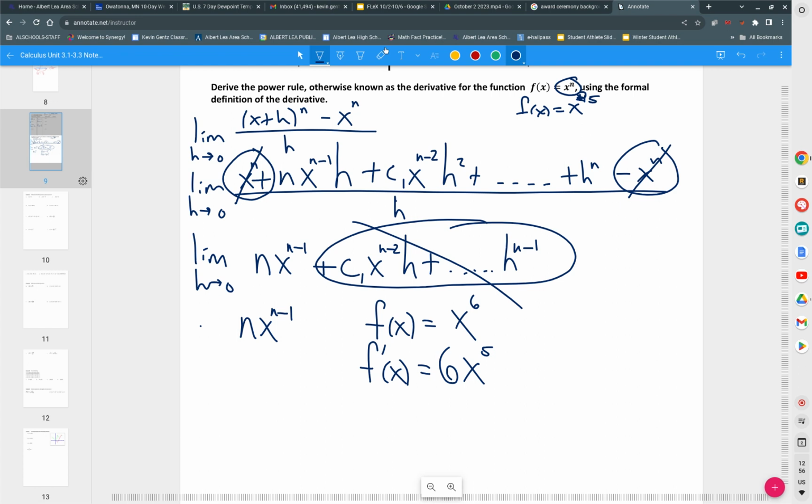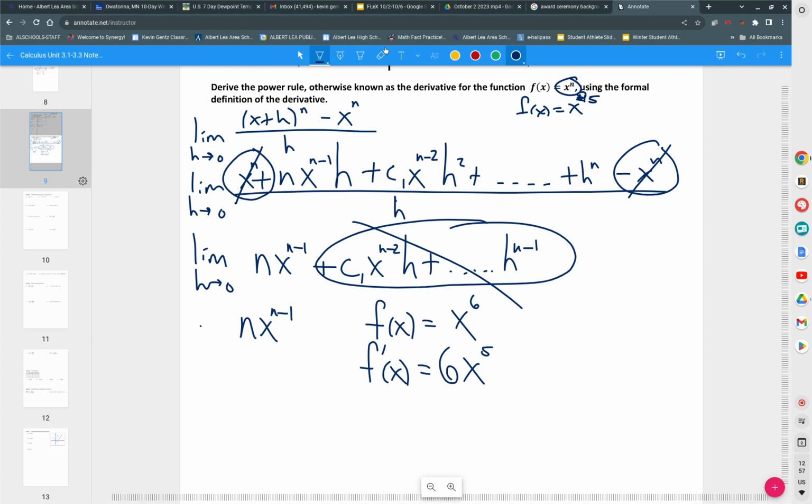It becomes 12 times x to what power? Squared minus 26x plus, what's the slope of 2x minus 8? 2. That's your derivative. That's all we have to do.